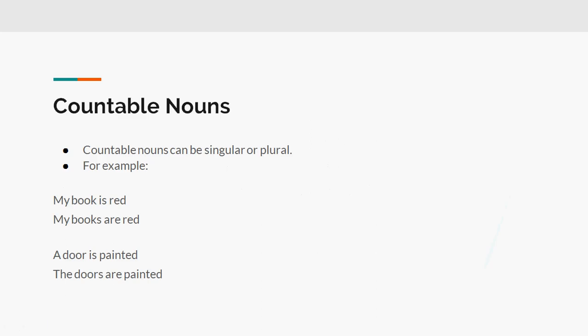Countable nouns can be singular or plural. For example, my book is red. That is a singular countable noun. One book. My books are red. More than one book.